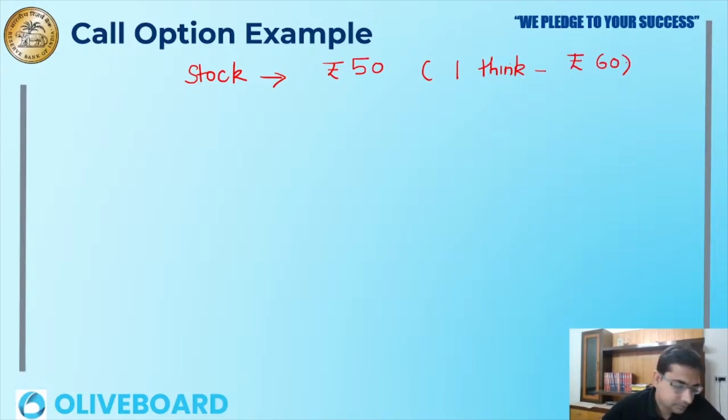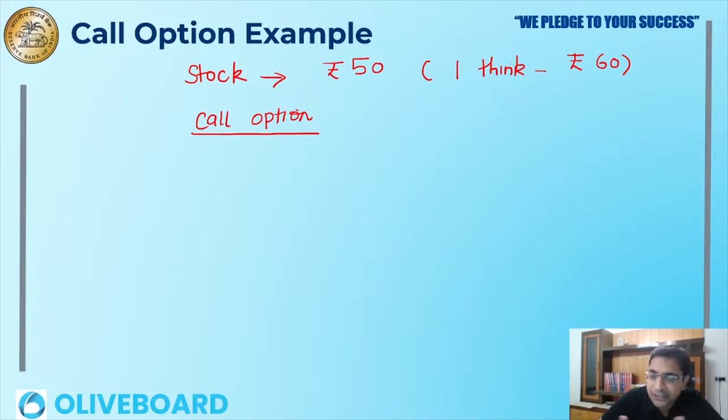So what I will do is buy a call option. Now to understand the meaning of a call option: in a call option you don't have to pay the full amount. It is just like taking insurance by paying a premium.